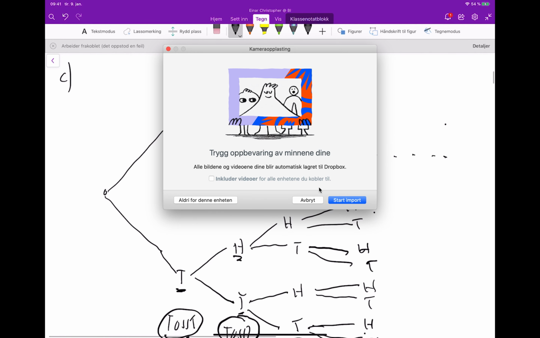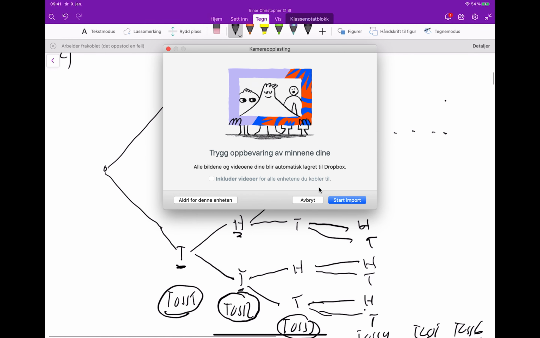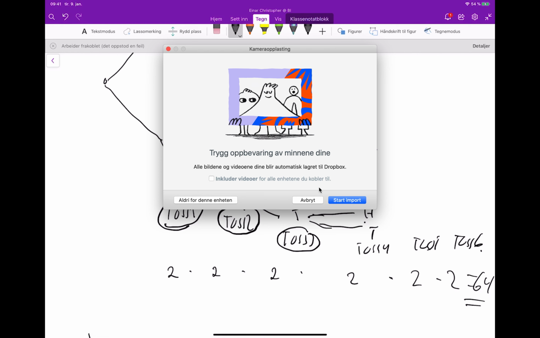Here we are asked to count the number of different sequences we can get when we toss a coin 6 times. When we toss the coin the first time, we have 2 possibilities.